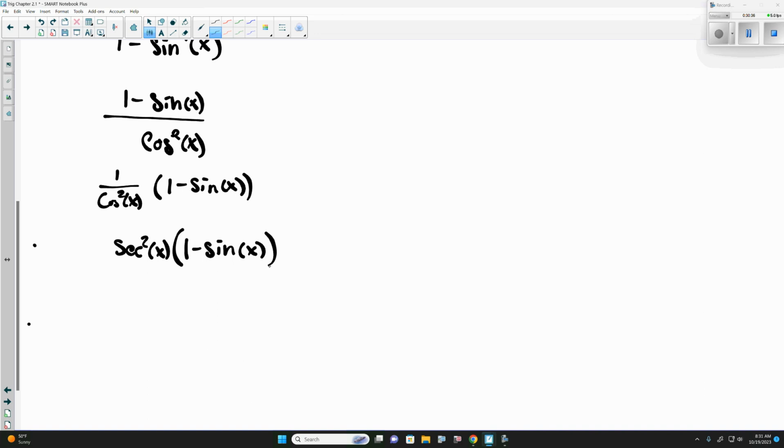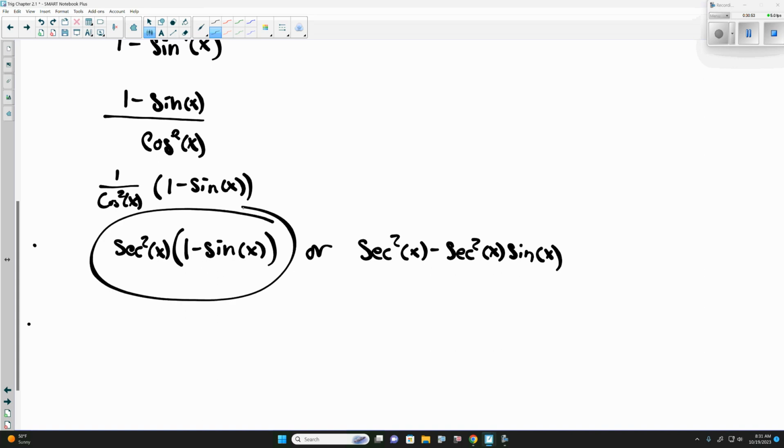Do we have fractions anymore? No. So that's one of the final answers. The other way we could write it is secant squared of x minus secant squared of x sine of x. I would stick with the first way because that other way is not any simpler. It's just we multiplied it out.